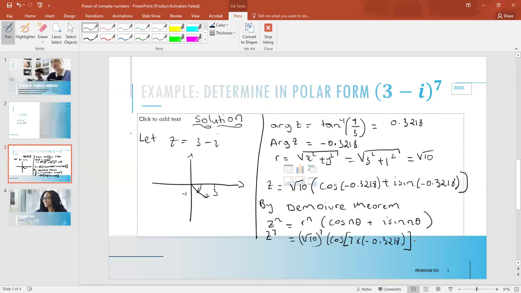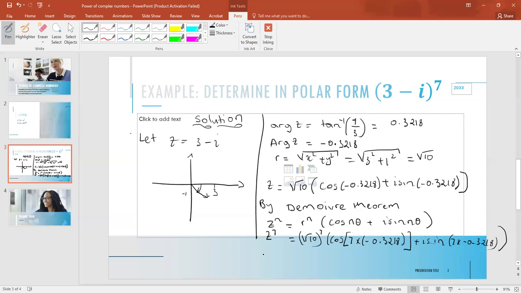And you do likewise for the i sine: n is 7, times minus 0.3218. And we close our brackets.